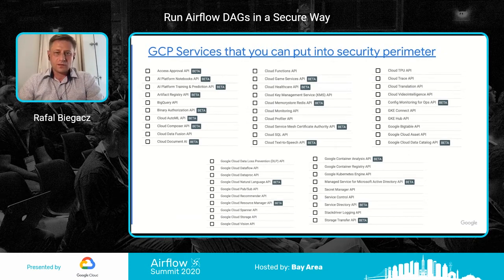Definitely you can find a lot of very popular services here, like BigQuery, AutoML, Data Fusion, Dataproc, Vision API, and so on. So I think that in most cases you can achieve a setup where basically all the services you need to achieve your goal are in the security perimeter.